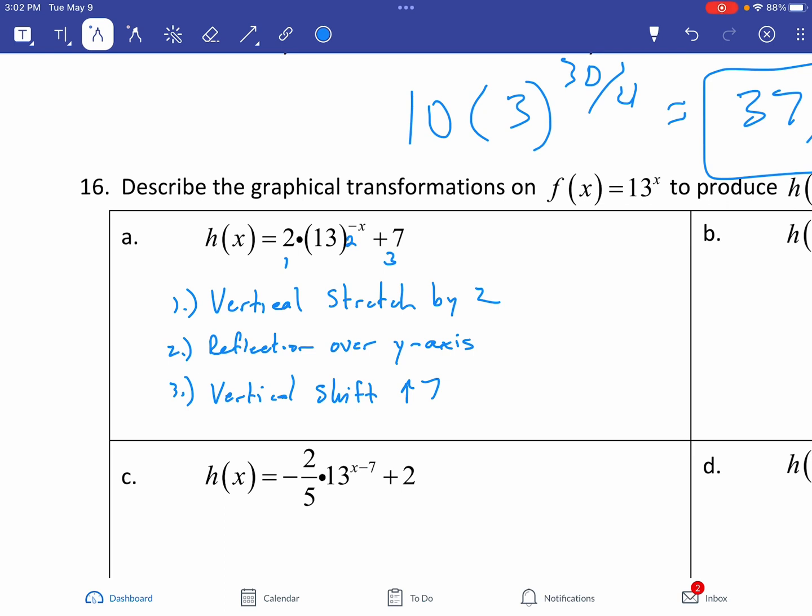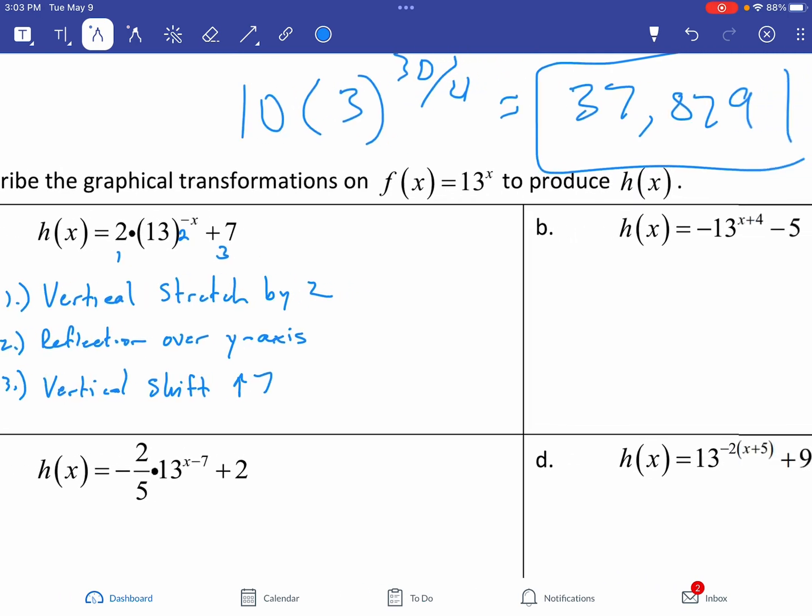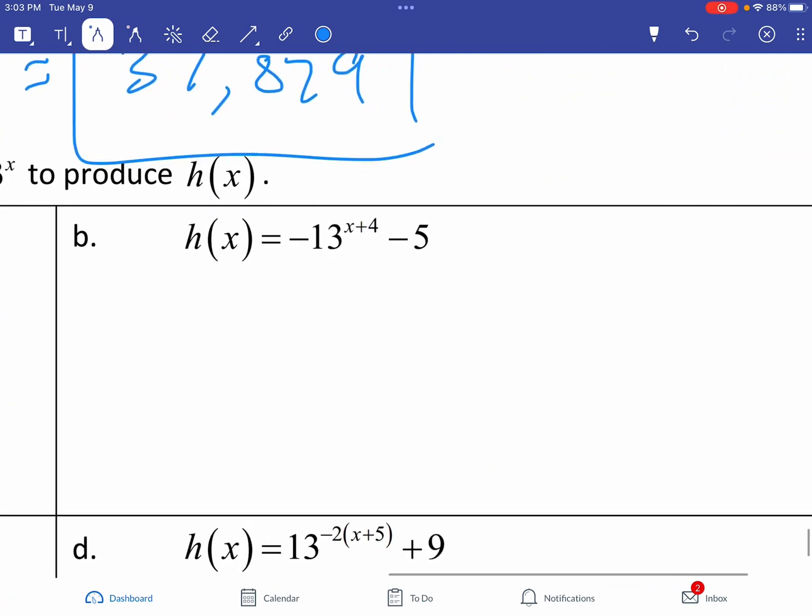Okay, it's reflection over the y-axis on 2 because it's inside the function. It's not in front of the function. If it was in front of the function, like the first one, it would be reflection over the x-axis. B. There's 1, 2, and 3 different transformations. Number 1, this is your reflection over the x-axis.